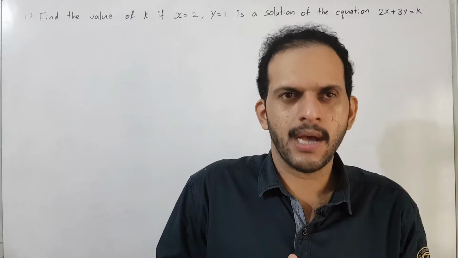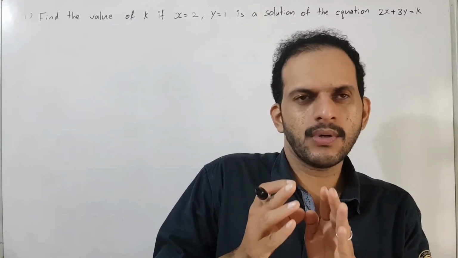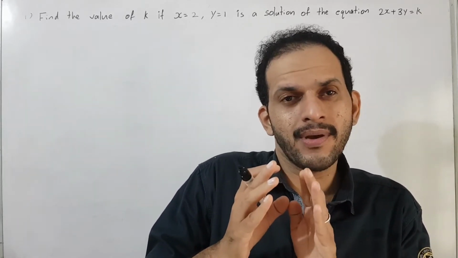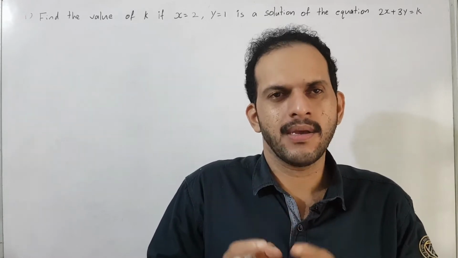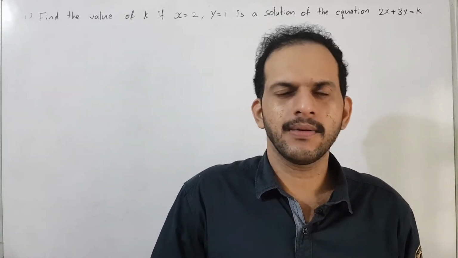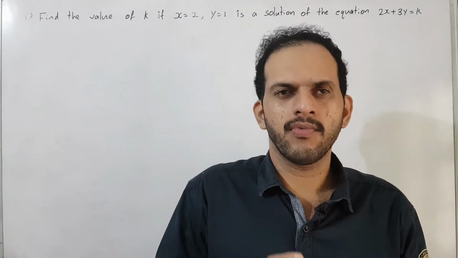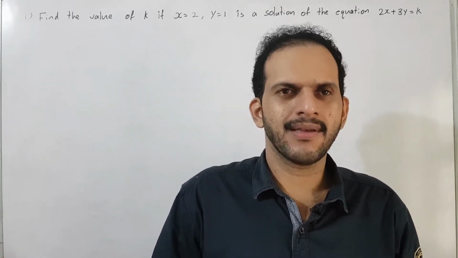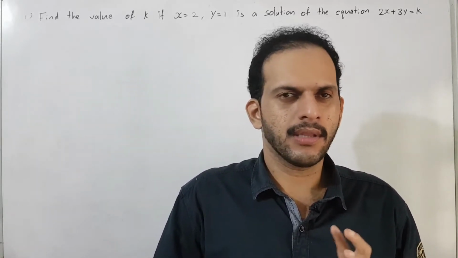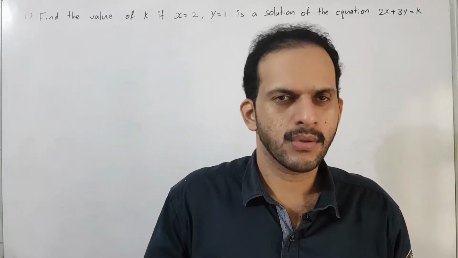So we know that if we substitute the values of x and y in the left side, then surely we will get the right side. That satisfies the condition, correct? That is why we call it a solution.